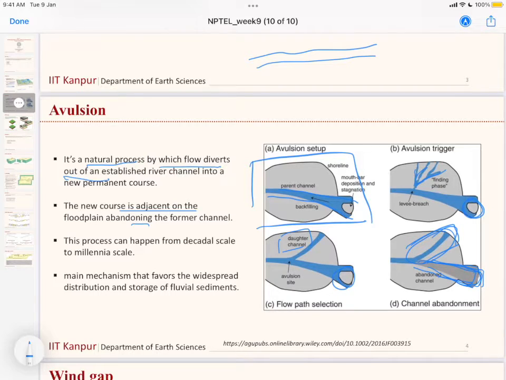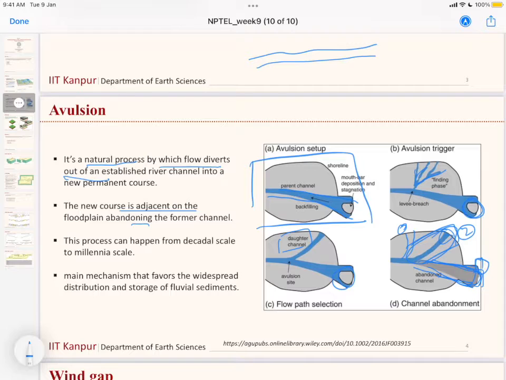In future it might happen that this channel will also get abandoned and it will again identify a new channel. So now you can find sedimentation in 3 channels. First one here, then second one here, and the third one, suppose this would be the new active channel, here. So this is how sedimentation increases with the help of avulsion.